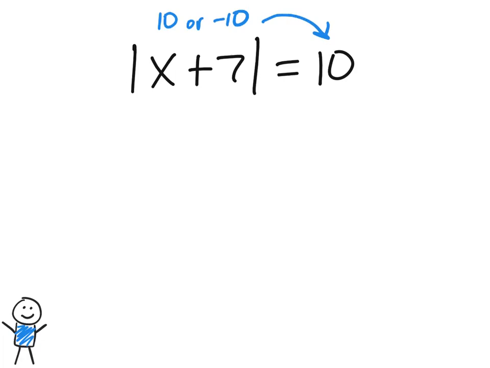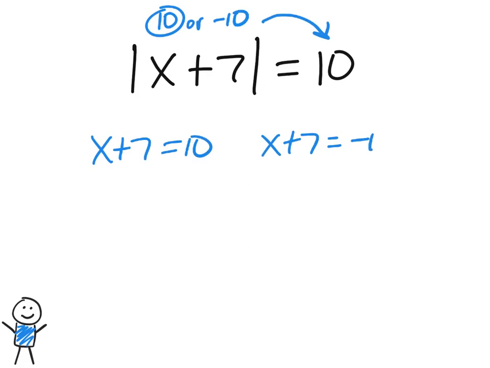So the way I'm going to solve this is I'm going to set x plus 7 equal to 10, because that's one of my options, or x plus 7 could be equal to -10. If I got -10 in the absolute value bar, the absolute value of -10 is +10. This is how I'm going to solve for the two possible answers for x. On this first one on the left, I'll subtract 7 from both sides.